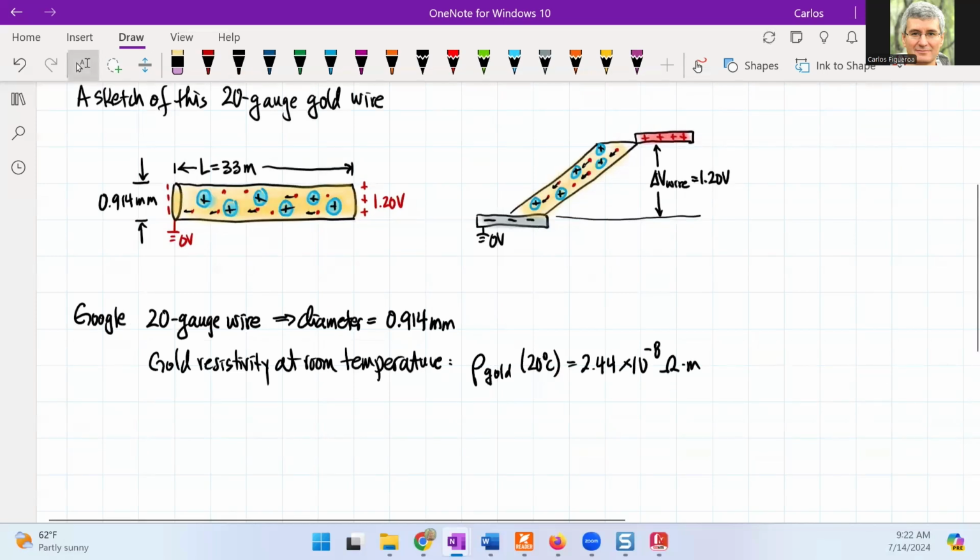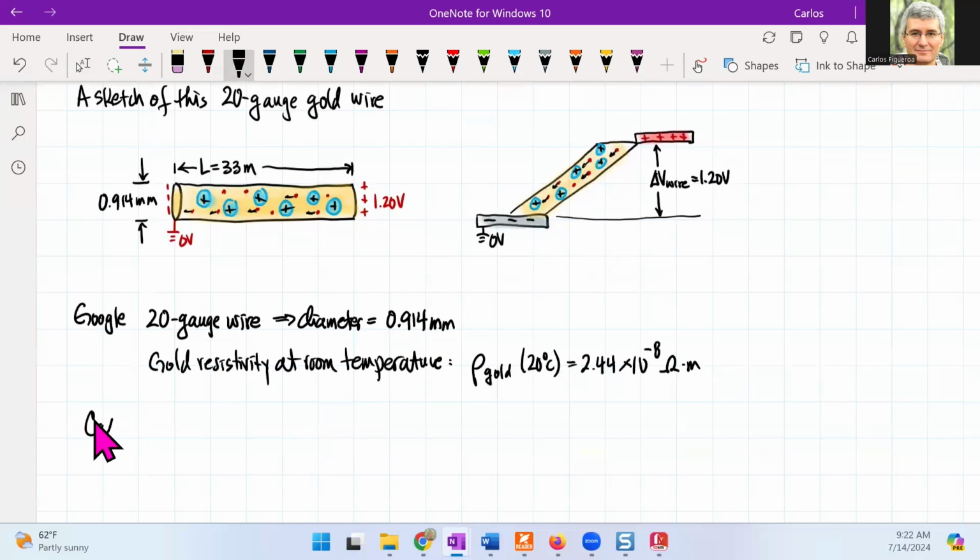So now that I have a picture, I can calculate three things: the current, current density, and electric field.